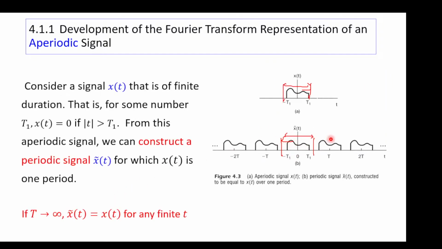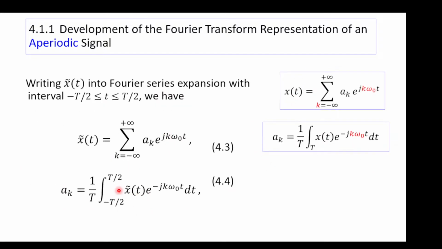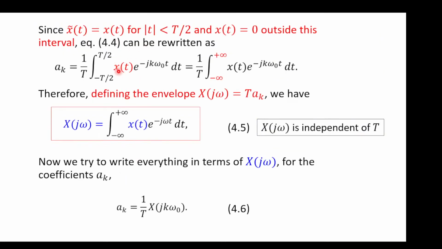But over this one period, x tilde of t is actually equal to x of t, because that's how we constructed it. In one period x tilde of t always equals x of t, and it's just copy and pasted to the other periods. So in this integration, instead of x tilde of t, we can write x of t.